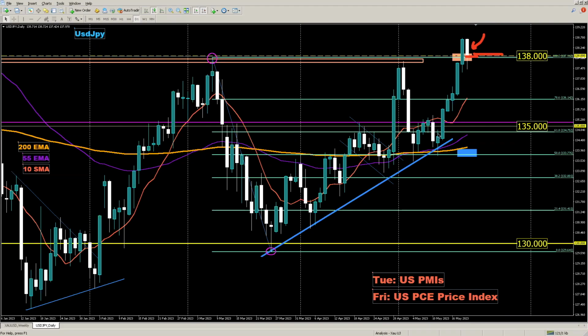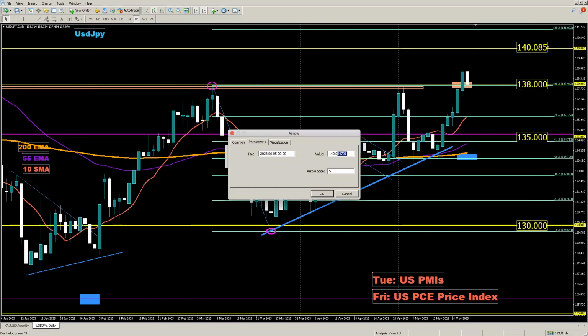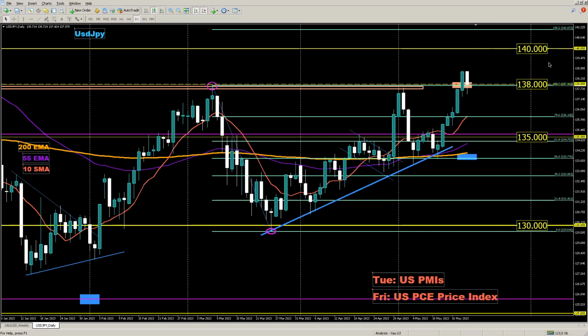So it managed a nice recovery here. We'll see whether it's able to hold on and consolidate slightly before climbing back up. And it's going to try to target the 140 level. So the next key resistance at 140.